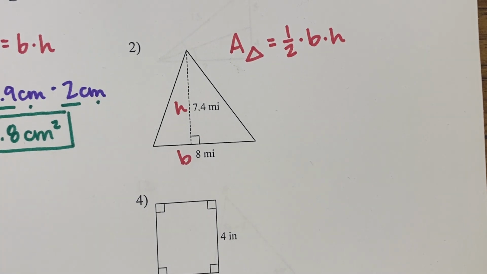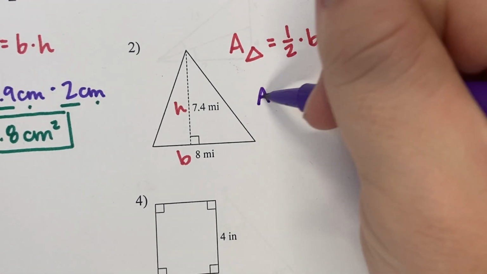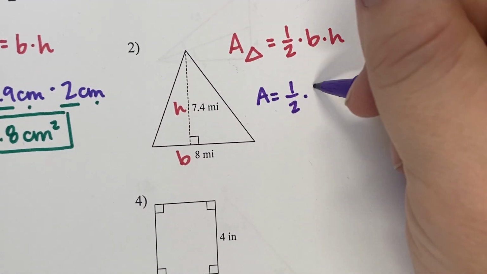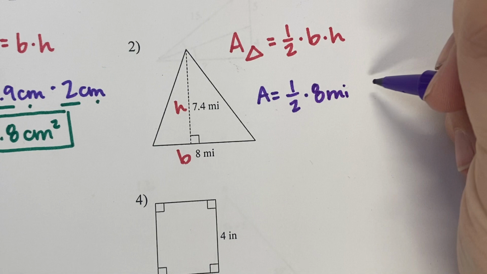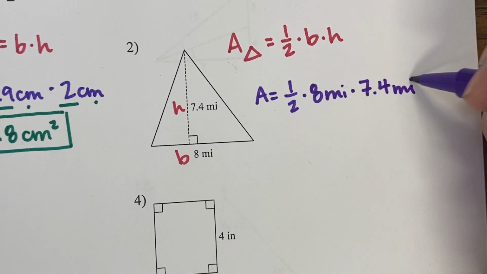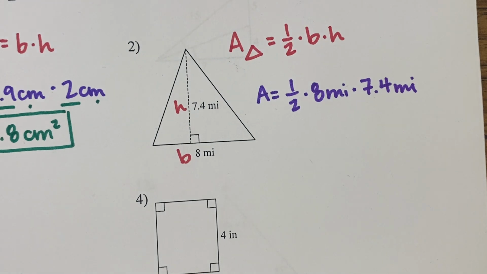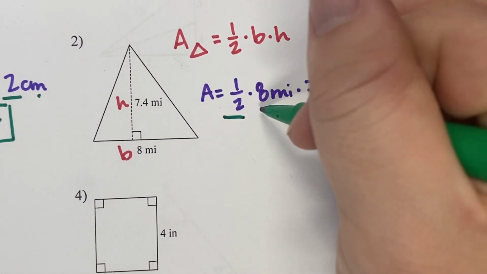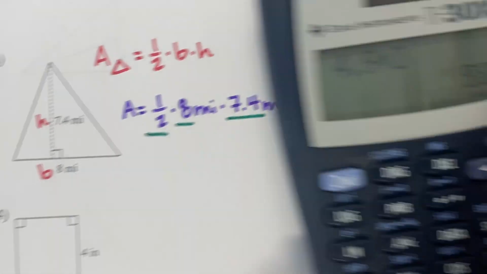So now I can just plug this into my formula. I have area equals 1/2 times my base, 8 miles, times my height, 7.4 miles. Then I'm just going to punch this into my calculator: 1/2 times 8 times 7.4.